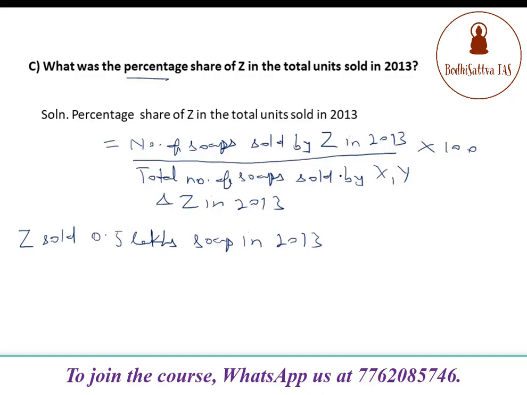Oh, sorry. In part A, we have found out the total sales also. So from part A, the total sales of soaps was 1,90,000.